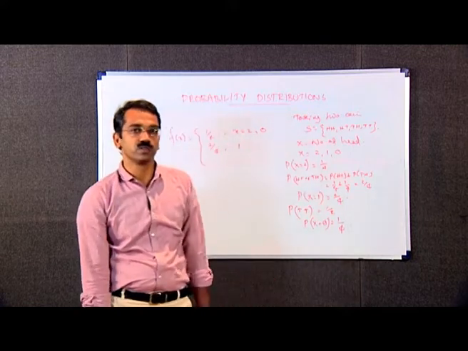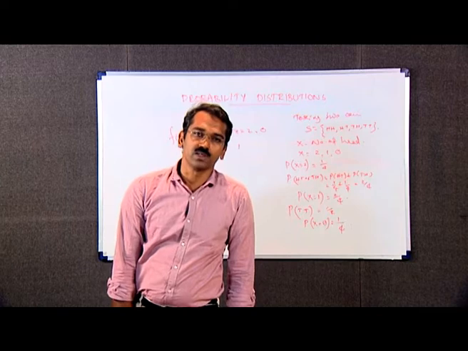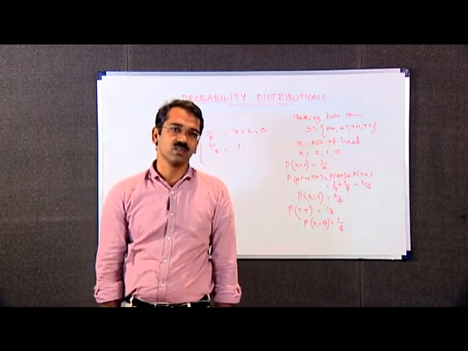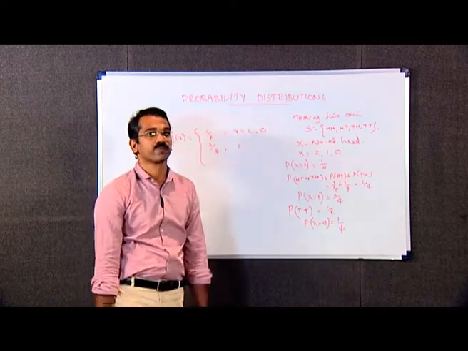This is the probability distribution. That is, a probability distribution is a function f of x, that is p of X equal to x, which assigns the probability for each outcome of a sample space.